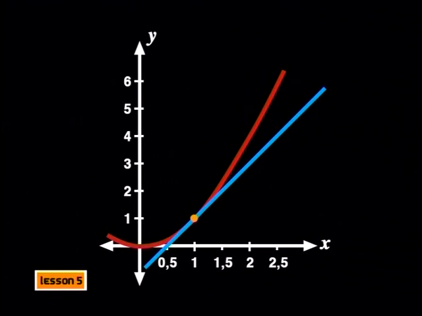At the end of the previous lesson, we had done a lot of hard work in exploring increasingly better approximations of the gradient of the tangent to the graph y equals x squared at the point (1, 1). What we did was to say that we wanted to know the gradient of the tangent to the function y equals x squared at the point (1, 1).